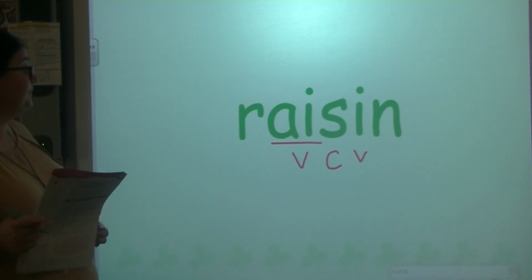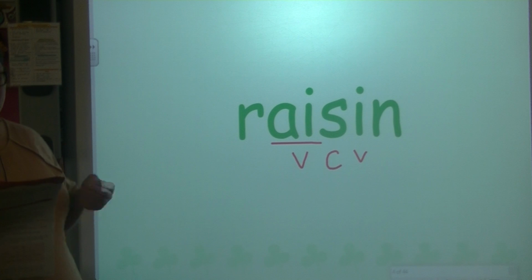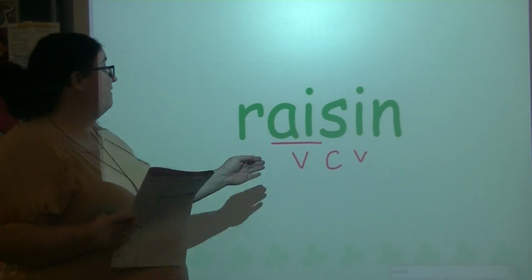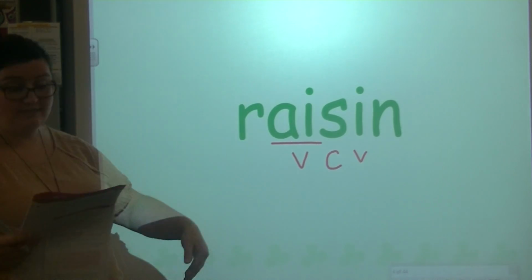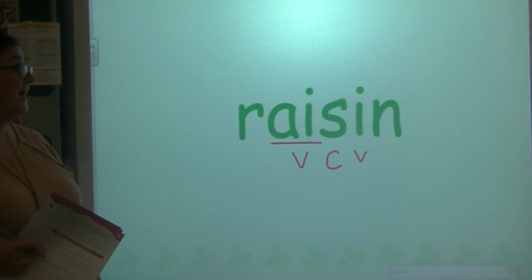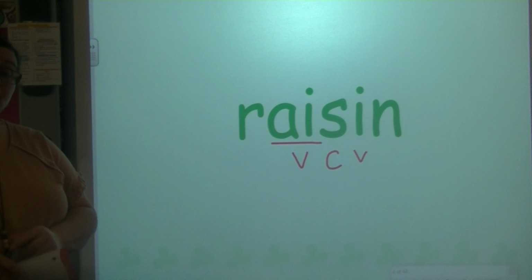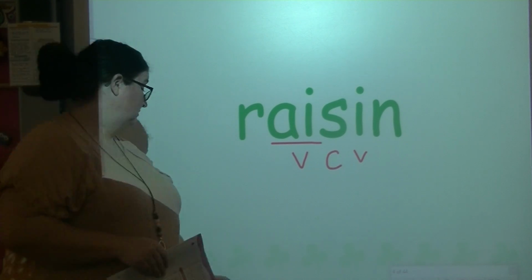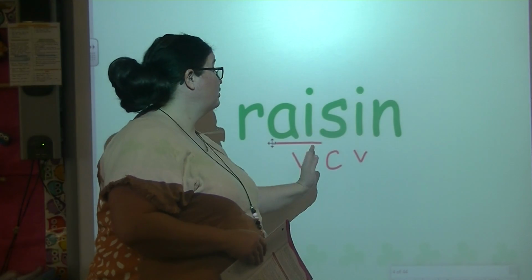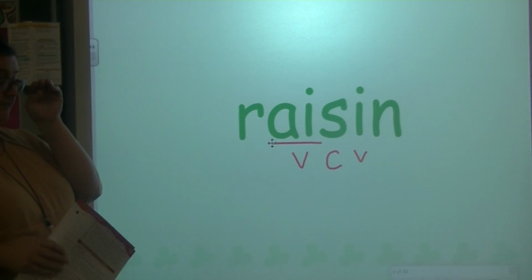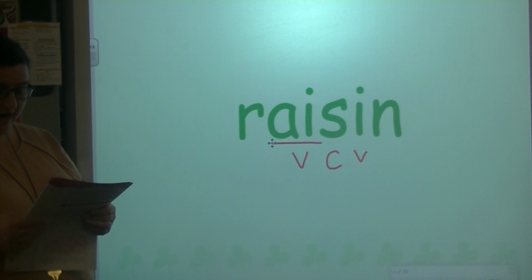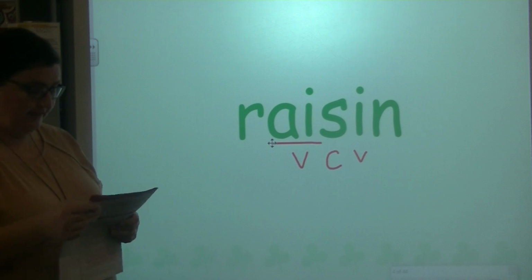All right, the first place to try is to divide after the first vowel and put your accent on the first syllable. If that doesn't work, where should we put it? We should move it over one spot behind the first consonant. All right, so let's try it.